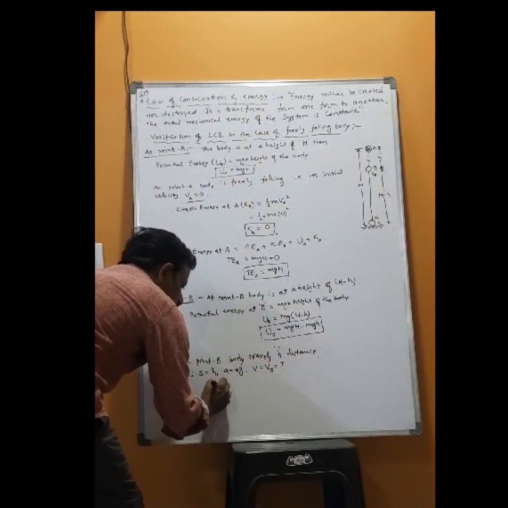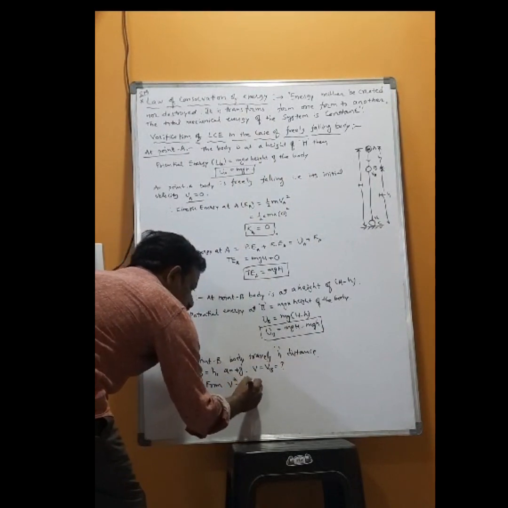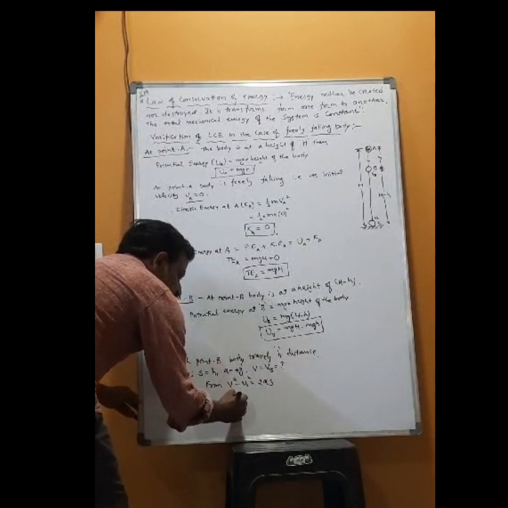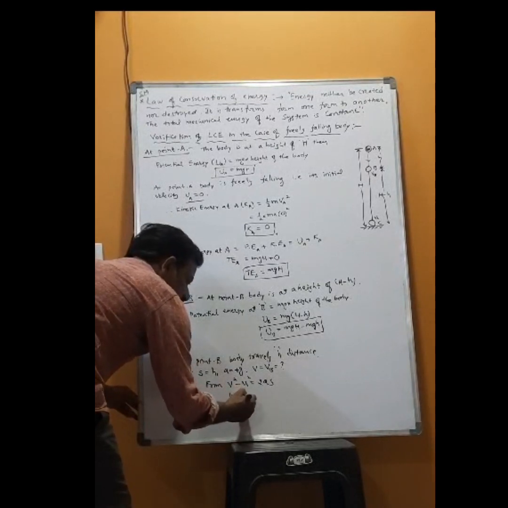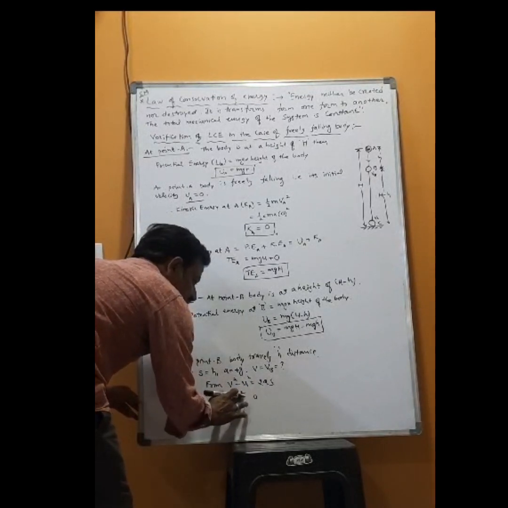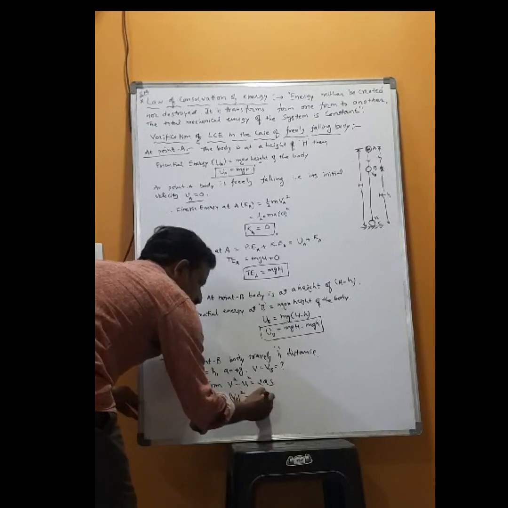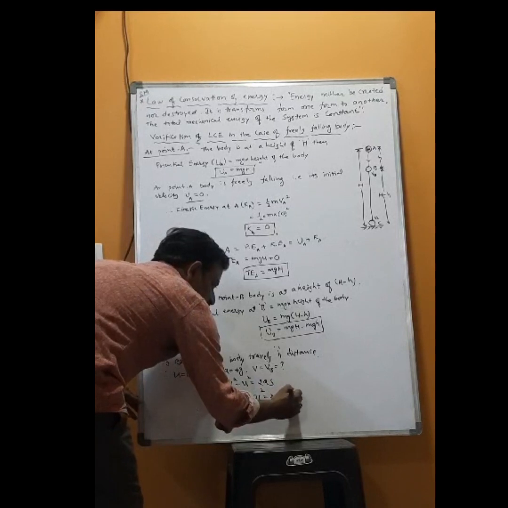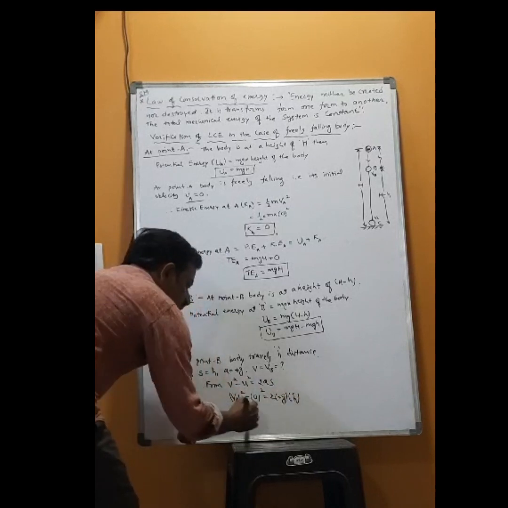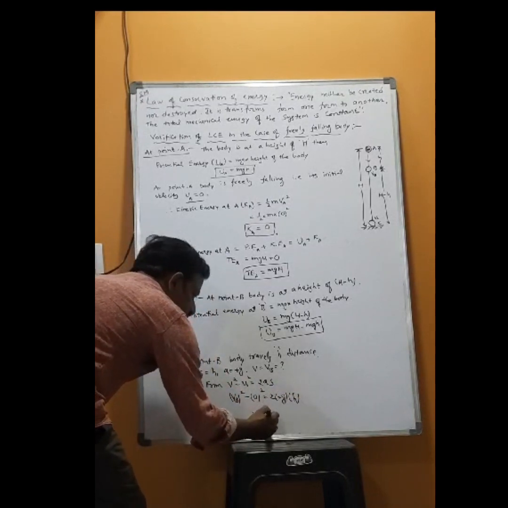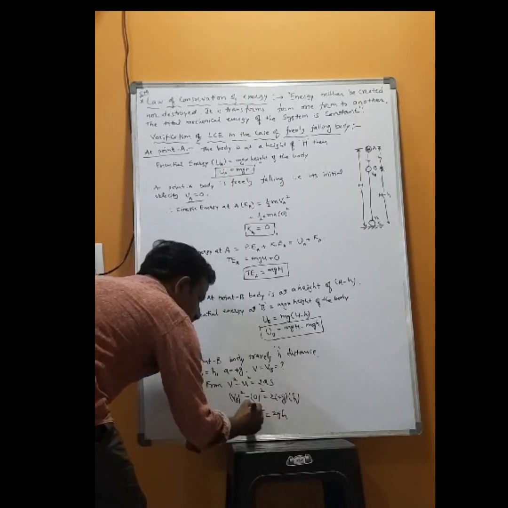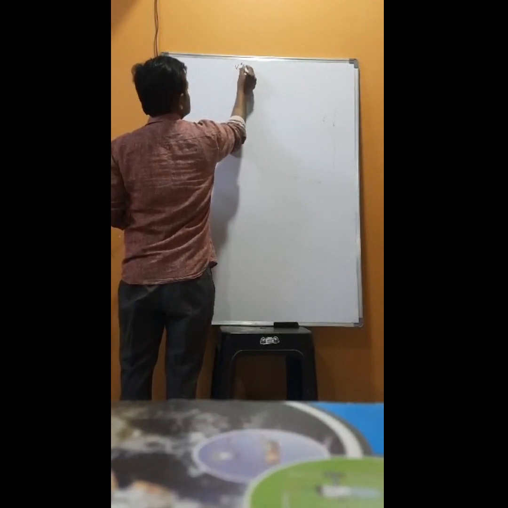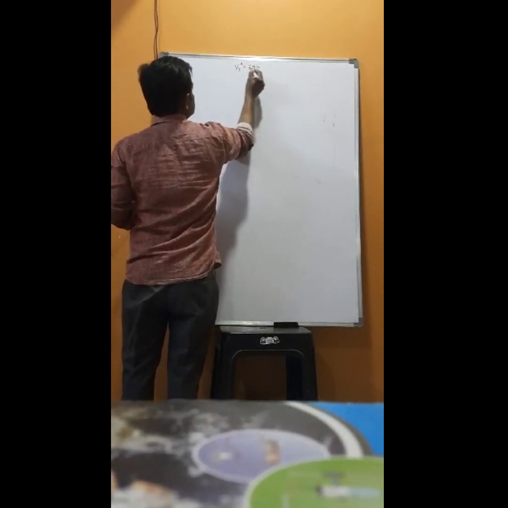From v squared minus u squared is equal to 2as, VB squared minus 0 squared is equal to 2 into plus g into h. So VB squared is equal to 2gh.